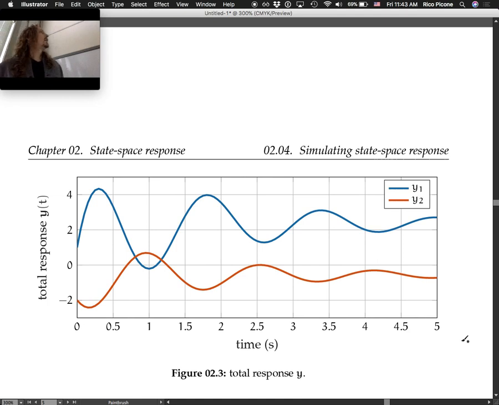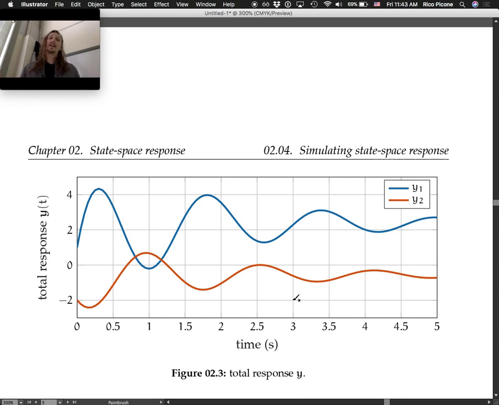It's just the sum of them. y1, you see, starts off with some initial condition, it oscillates and goes to a final value that's non-zero, similar to what y2 does, but y2 starts at a different initial condition and goes to a different final value. And let's just take a moment to appreciate that this would have been so much work if we didn't have the state space solution. Because if we didn't, we would have 2 differential equations to solve for 2 different outputs.